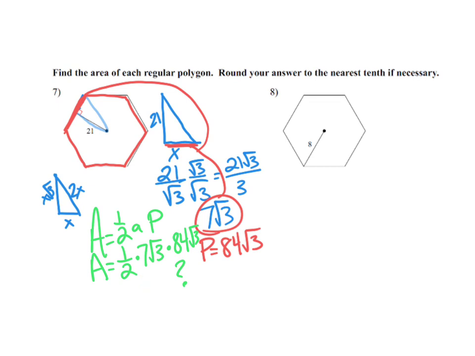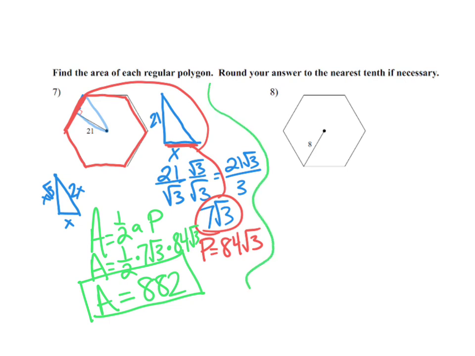All right, when I type that all in, I end up with an area of 882. I guess I don't have any units on that one, so 882 is the area. Whew, that's a doozy, huh?